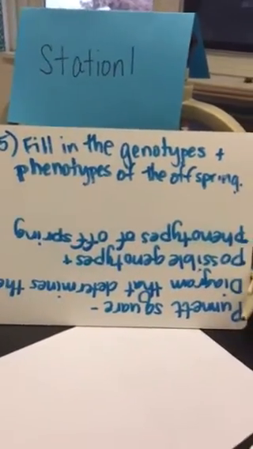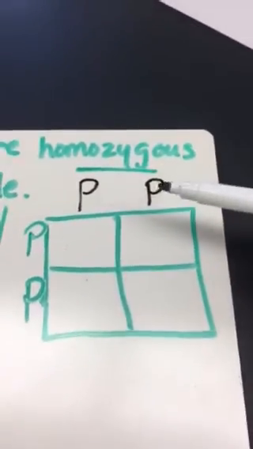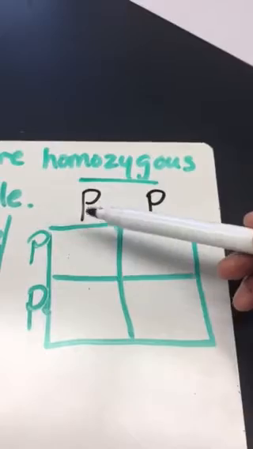The next thing we're going to be doing, step 5, is to fill in the genotypes and the phenotypes of the offspring. So, how do we fill in this Punnett square? Well, remember I told you that each parent will give an allele.